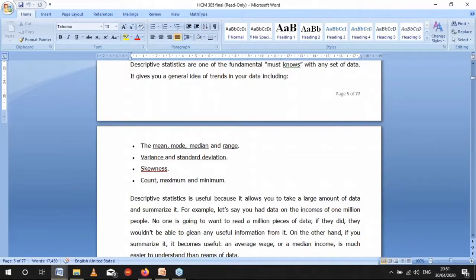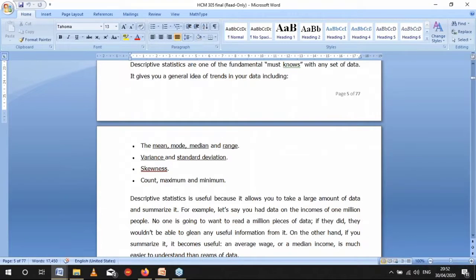So where you have 2, 3, 4, 5, 6, your median is 4, because 4 falls in the middle. Where the values are scattered, you will need to rearrange them in order to get your median. So median is the mid value of observations in a set of data.